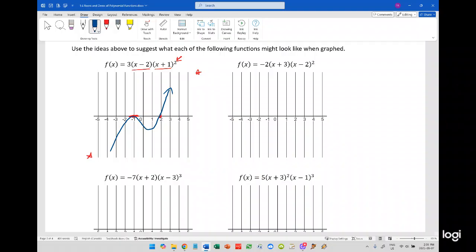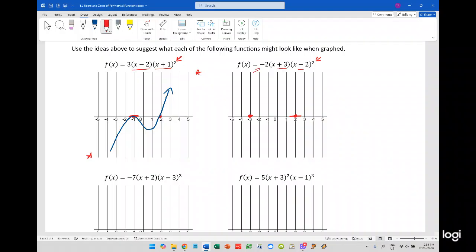Similarly with the second one, we have an order 1 root at x equals -3. An order 2 root at x equals +2. That means it's going to go flat and then go back to where it came from because of that order 2 there. So when we draw this, just before we draw that, we have a cubic.